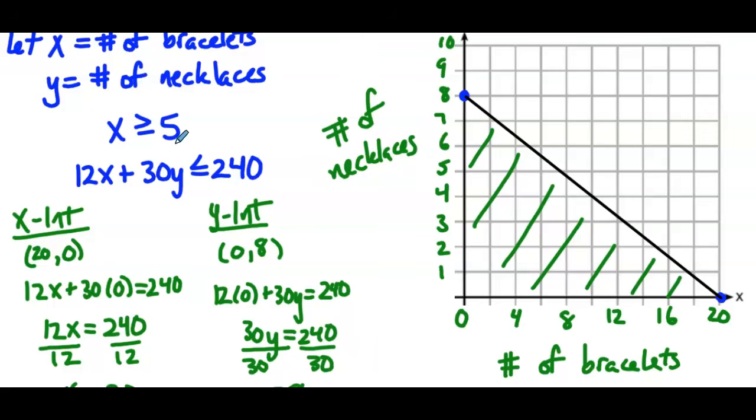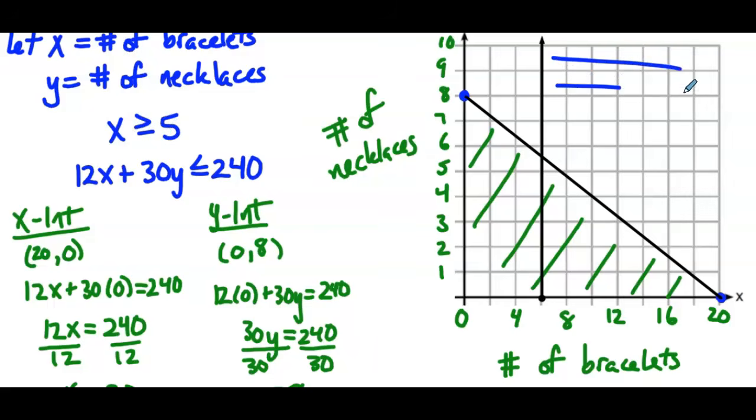And then x is greater than or equal to 5. So x equals 5 is going to be a vertical line from the point (5, 0) going up. And we're going to shade x is greater than or equal to 5.